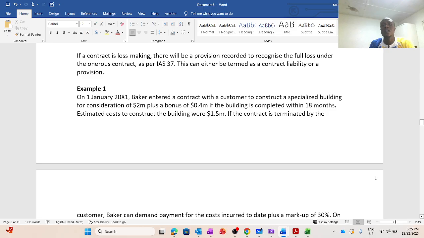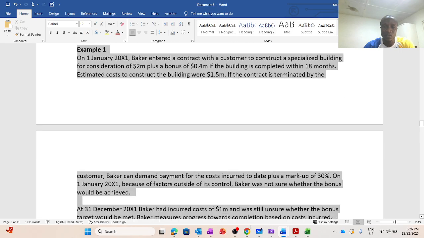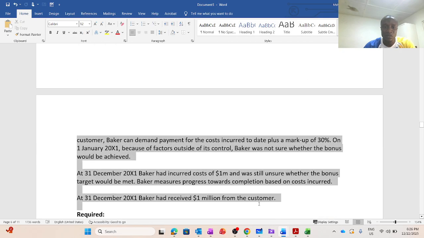So now we are going to look at example one and example two so we can understand better. So now, example one, let me copy example one. Very good.